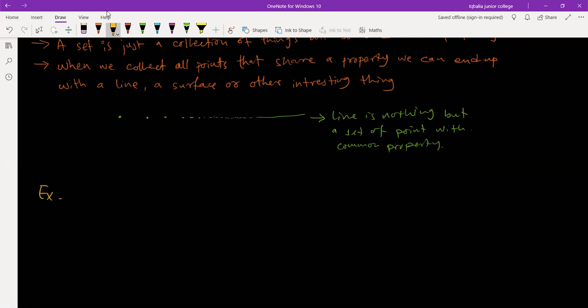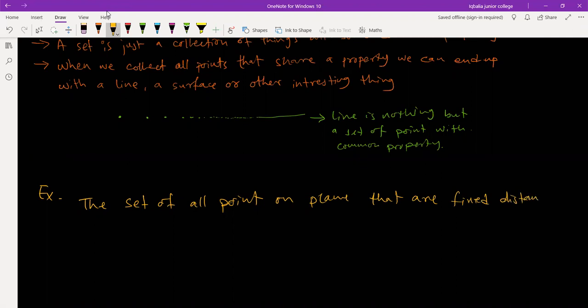The example is the set of all points on a plane that are a fixed distance from a central point.